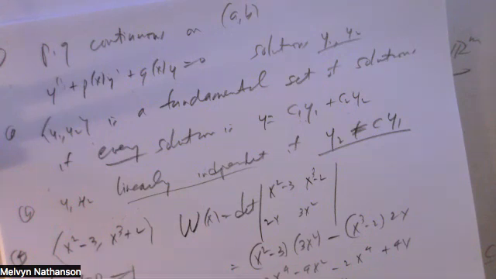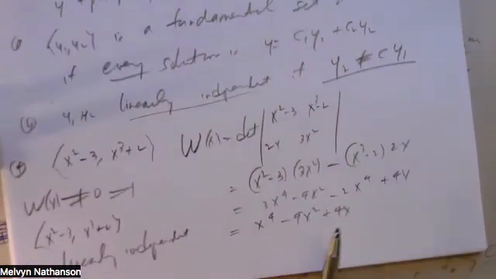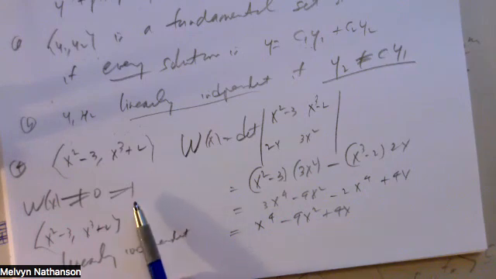And this Wronskian is not the zero function. So that means that x squared minus 3 and x cubed plus 2 are linearly independent, because the fundamental theorem at the beginning of chapter 2 says that two functions that are solutions are linearly independent if and only if the Wronskian is non-zero.